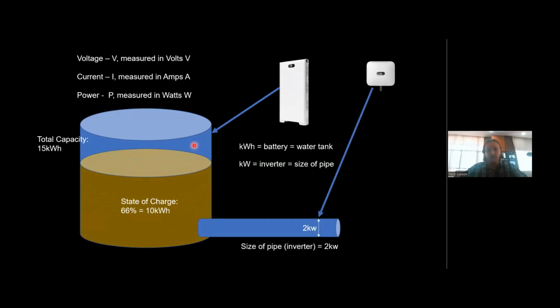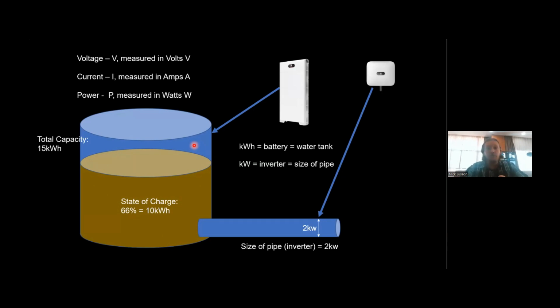Now, the inverter is something like the pipe that would be going in and out of the water tank. That is the kilowatts. And that's the inverter. The analogy is the inverter is the pipe.